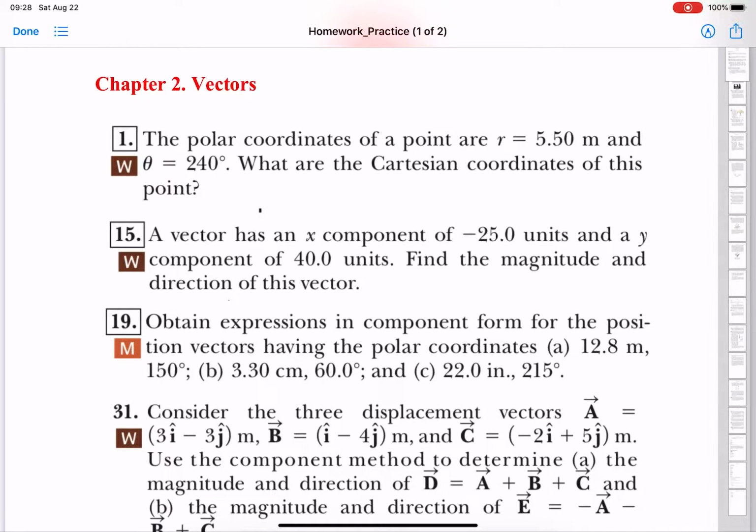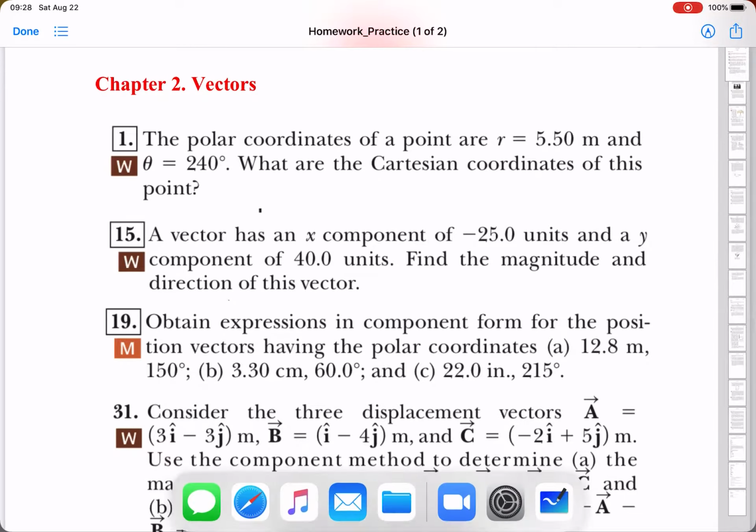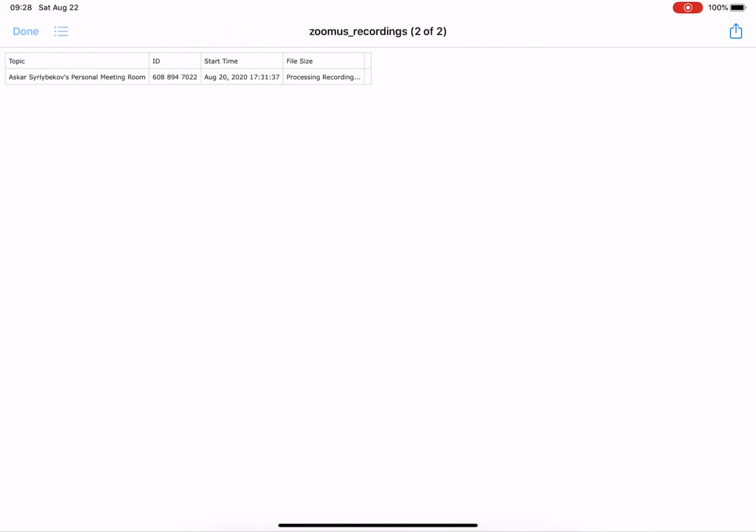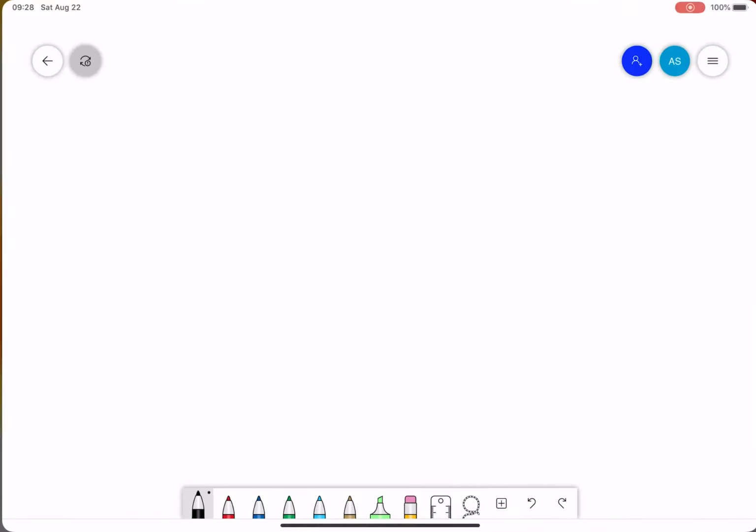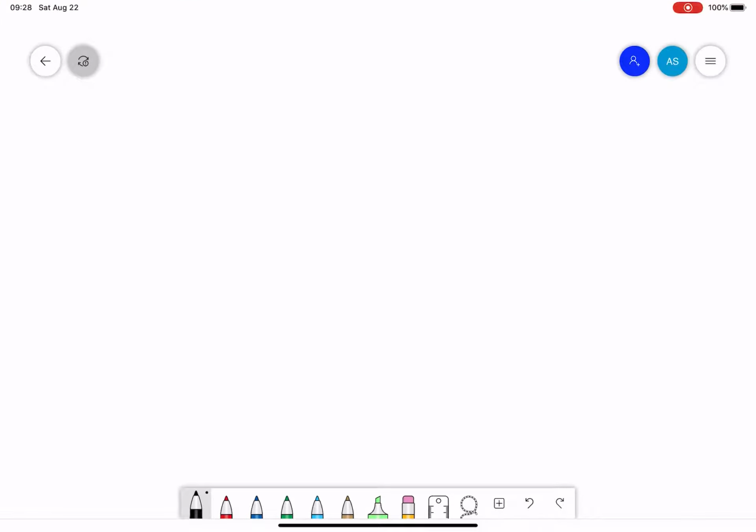Now, in order to understand, we have to draw a coordinate system and draw the vector. Okay, let's draw the coordinate system. This is our x, this is our y.